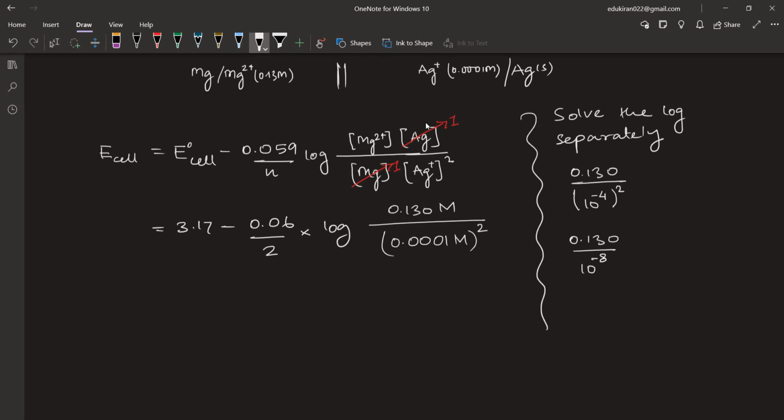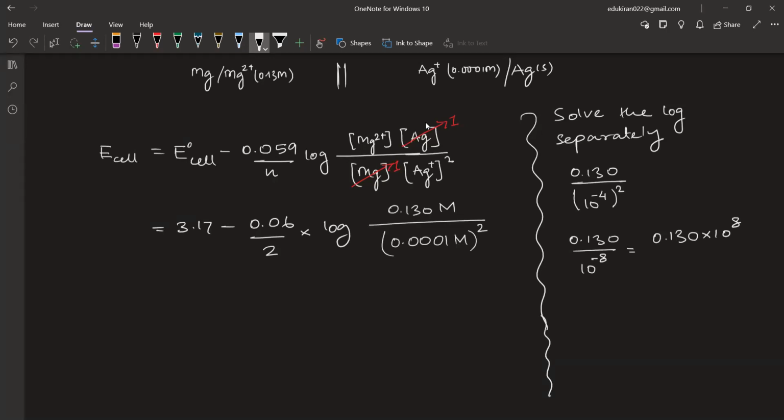Correct? Then I can write this as 0.130 into 10 to the power plus 8. 10 to the power minus 8 goes above and becomes 10 to the power plus 8.